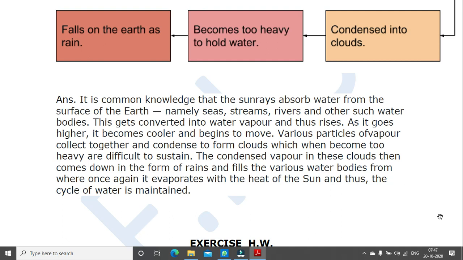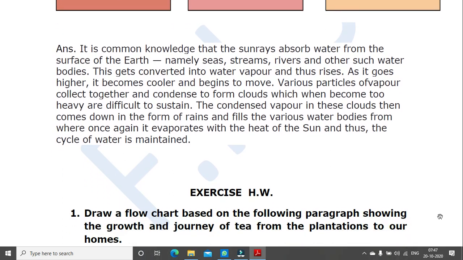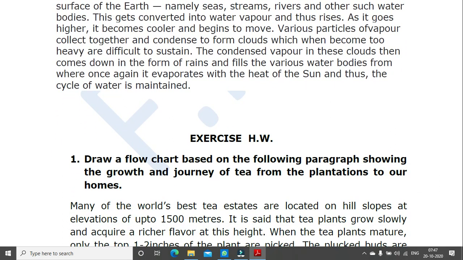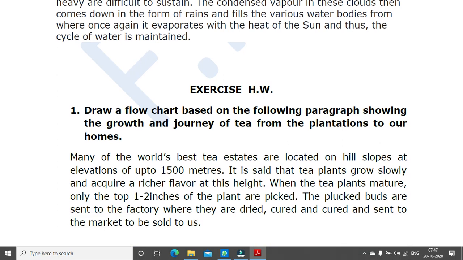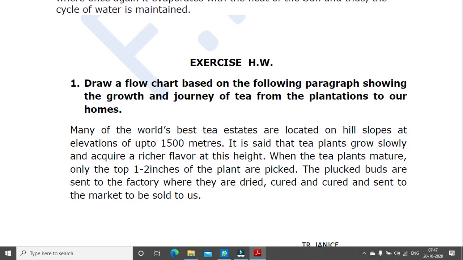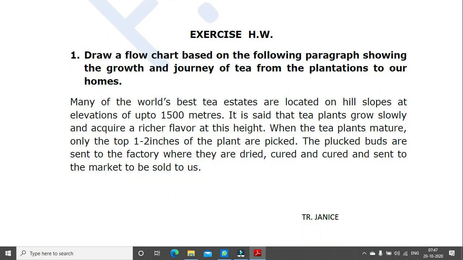Clear? Okay, now we go to your homework. Draw a flow chart based on the following paragraph showing the growth and journey of tea from the plantation to our homes. So, what will be the name of your flow chart? Journey of tea. This will be your title. Many of the world's best tea estates are located on hill slopes at elevations of up to 1,500 meters.